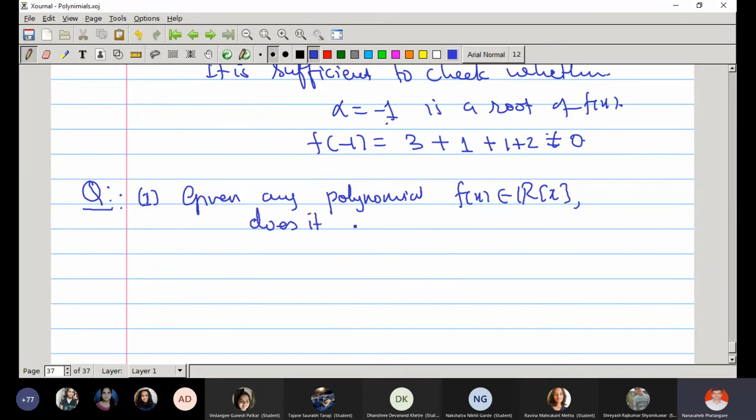Given any polynomial, is it possible that whatever polynomial is given, it has a root? This could be a question.